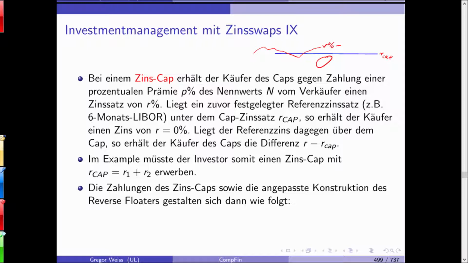So you can do any type of strategy with floating rate notes, coupon bonds, interest rate swaps, reverse floaters, and interest rate caps. But in the end, you are always interested in limiting interest rate exposure. And if you have some expectation concerning market interest rates, you will try to speculate on this and exploit these expectations.